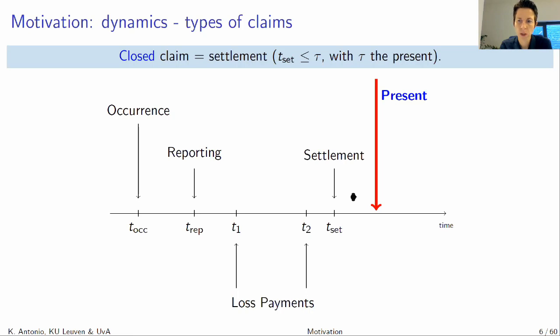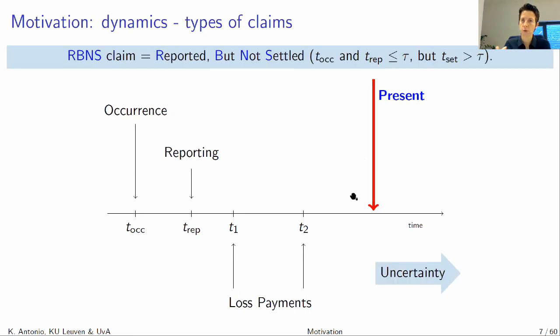A next type of claim that I want to distinguish is a so-called RBNS claim. RBNS is a well-known acronym in the insurance literature that stands for a reported but not settled claim. In my setting, that would mean that the reporting of the claim is happening before the present moment, but the closing of the claim is going to happen in the future.